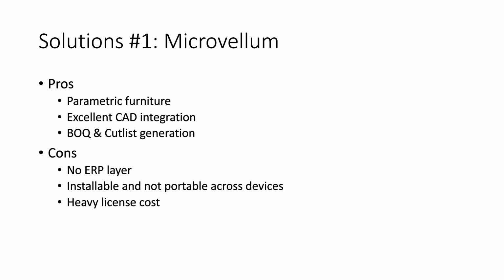So the first solution that we are going to look at in the market is Microvellum. The advantages of Microvellum are it can implement parametric furnitures, it has an excellent CAD integration, and it can do BOQ and cut list generation. However, there is no ERP layer, the solution is not installable or portable across devices, and finally it incurs a heavy license cost.